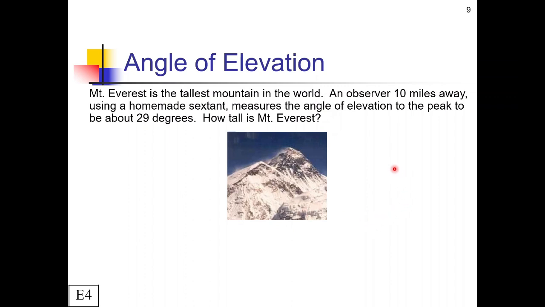So let's say that we have an observer, maybe it's you, 10 miles away, standing in some village out there, and so here's 10 miles from the center of the mountain.